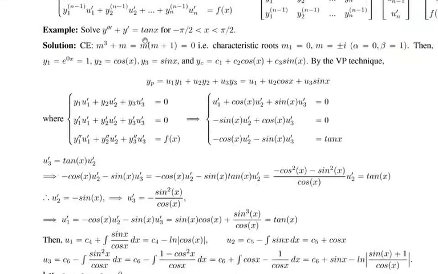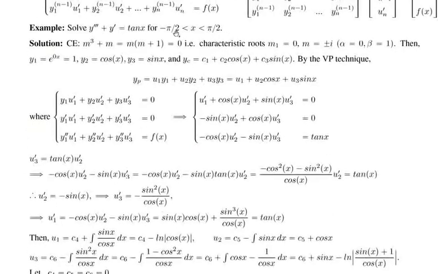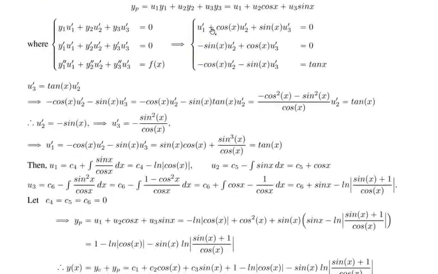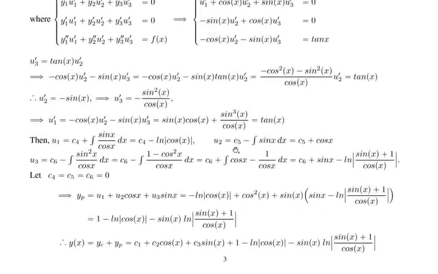One last thing to note: recall that in here we're assuming that x is between minus pi over 2 and pi over 2. The reason we're considering this interval is because we need to make sure that our solution is defined, and ln is not defined at 0, so we need to make sure that sine x plus 1 is not equal to 0. Moreover, cosine x, the denominator, cannot be equal to 0, similarly in here.